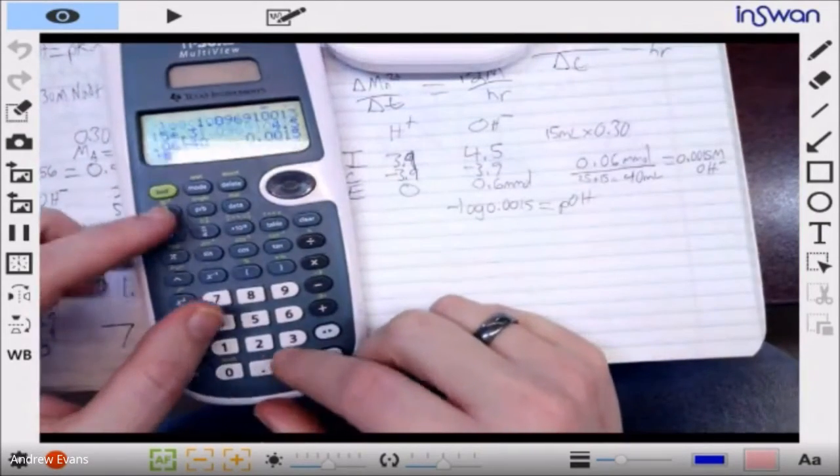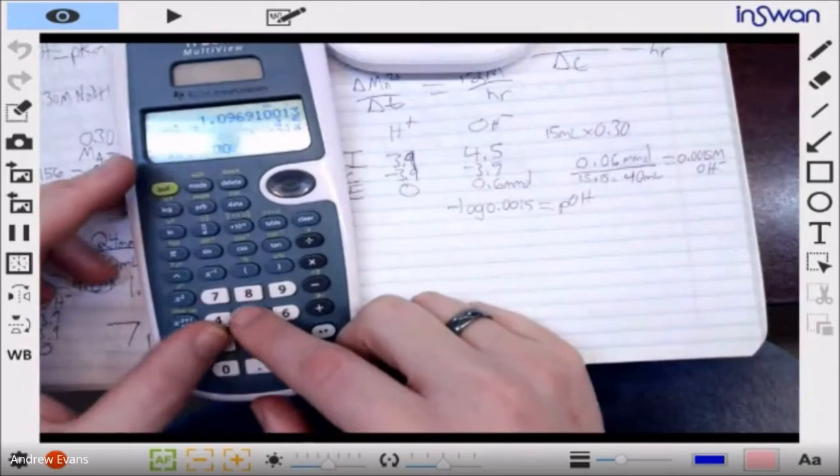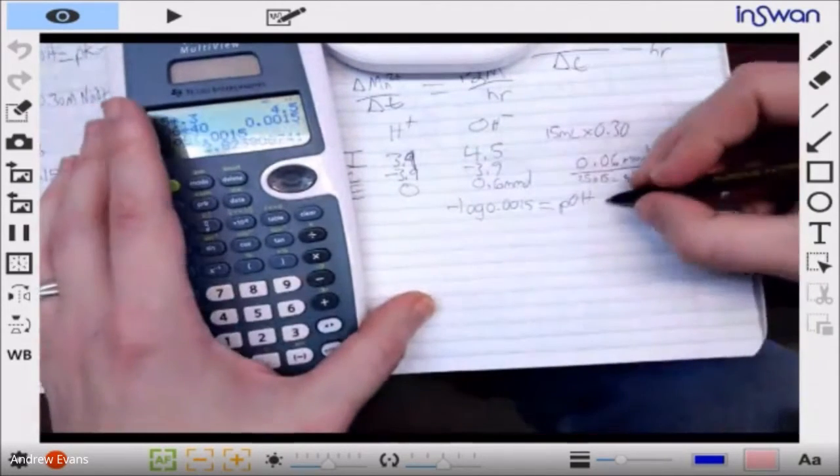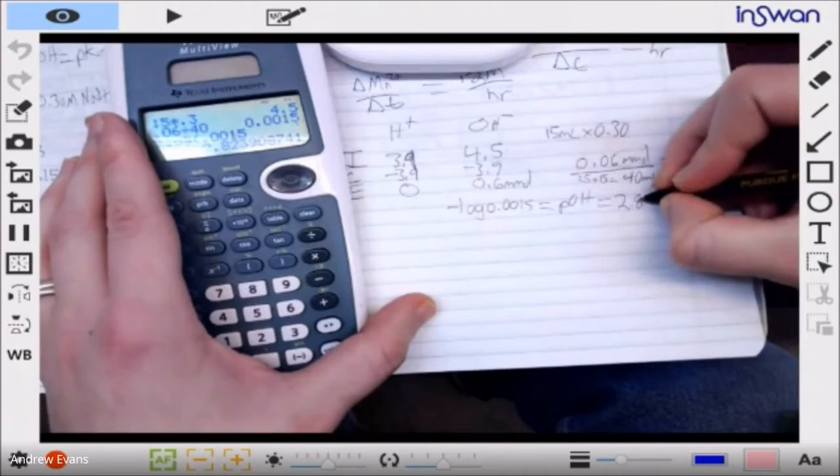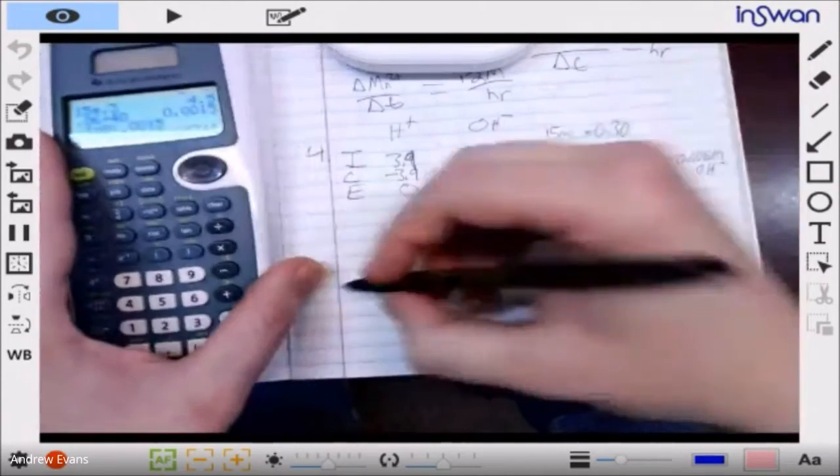So we have to take this with a grain of salt. So this, we get a POH of 2.82. So our graph doesn't look like this.